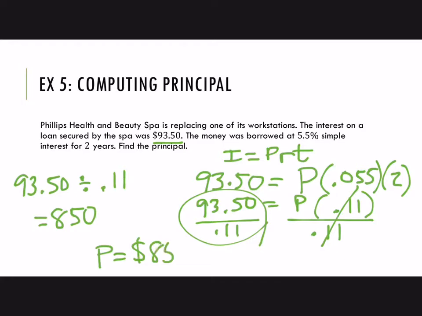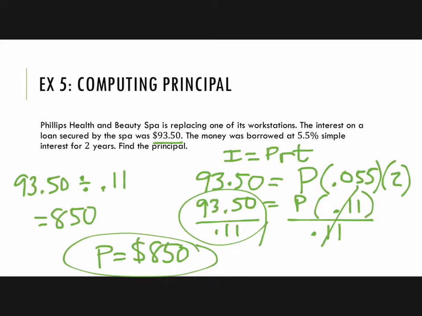Now let's pause and make sure that that makes sense in the context of the problem. Now if the interest is $93.50, interest is never more than the principal in realistic situations because they're just charging you a fraction or a percentage of the amount that was borrowed. They're not going to make you pay more than 100% for examples like this.